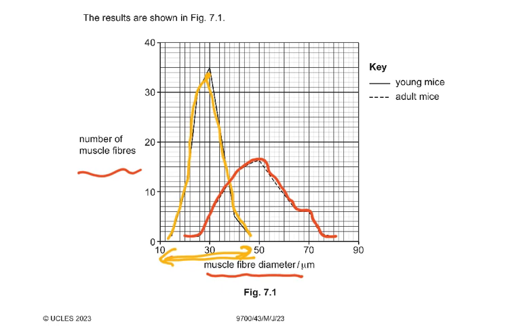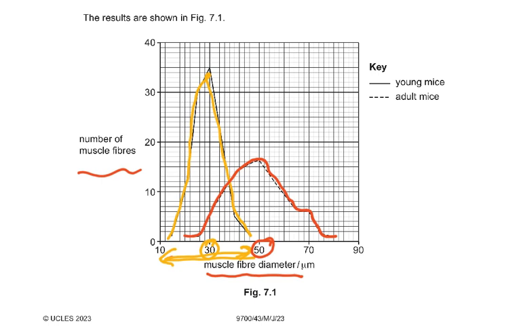It's 35 at 30 in young mice, and it's talking about 15 here for the adult. So 35 at 30 and 16 at 50 for the adult mice. Spread of diameters, the young mice is 16 to 44 and the adult mice is 20 to 80. So you get the spread of the diameters.